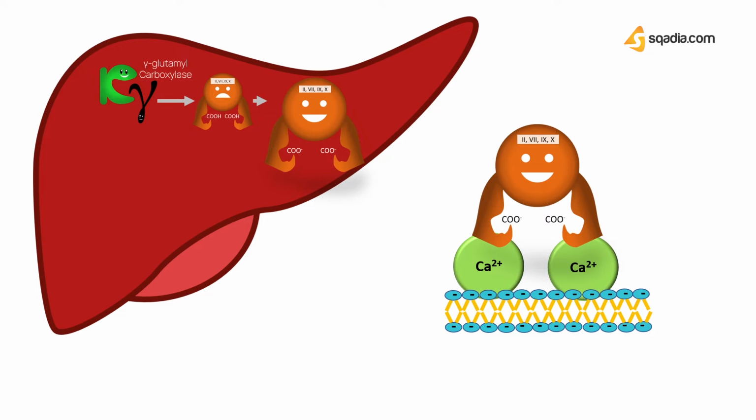Cell membrane is made up of phospholipids, so it has negative charges. Now there are negative charges on carboxylated pre-clotting factors too. So both will repel each other and the attachment to the surface will be difficult. Now here the calcium ions will play their role.